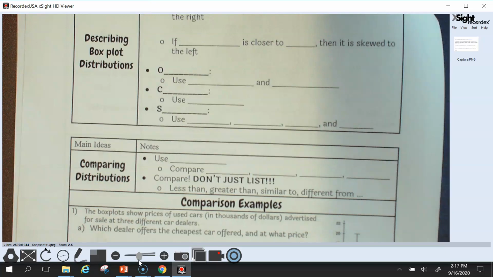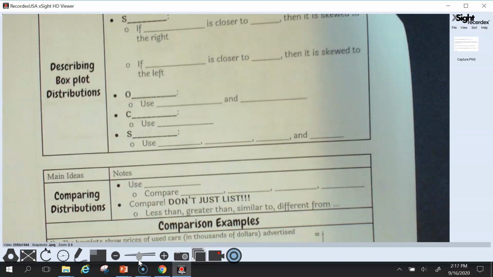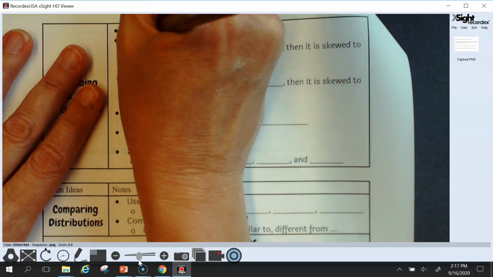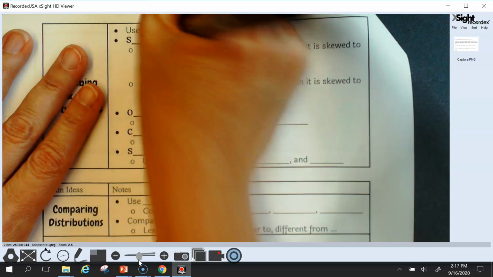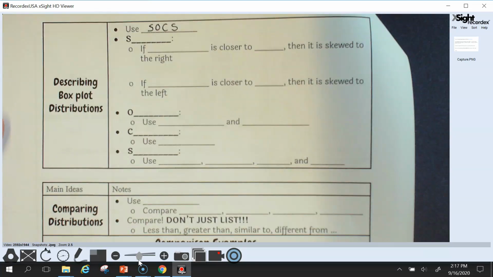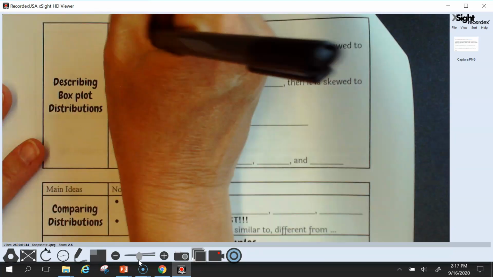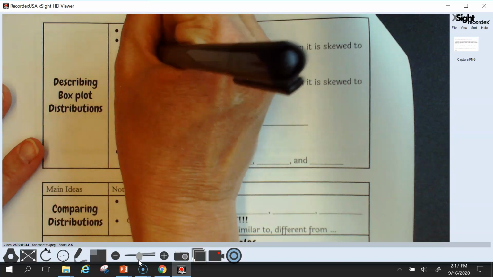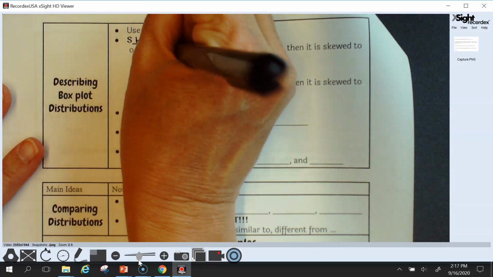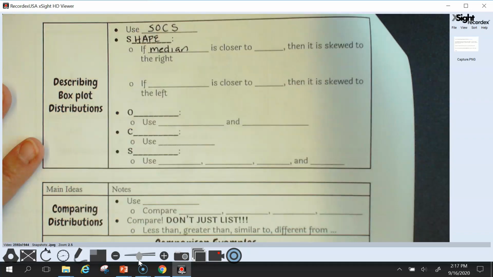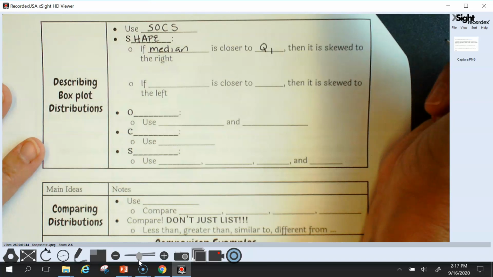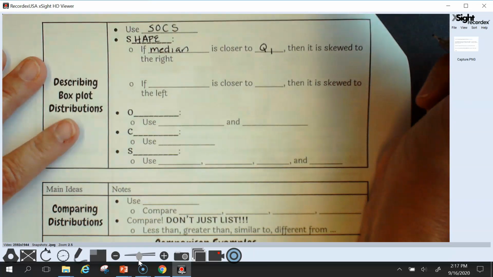Now, when it comes to describing box plots or describing any data, obviously you're going to use SOCS. So when you're looking at it for your shape, if your median is closer to Q1, then it's skewed to the right.